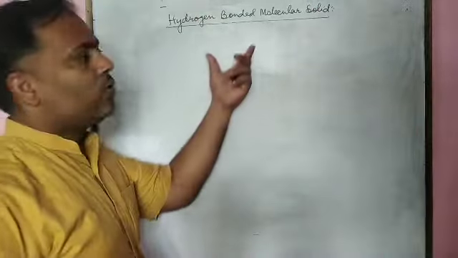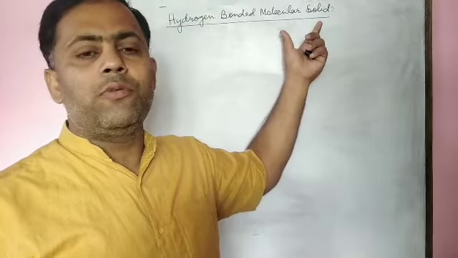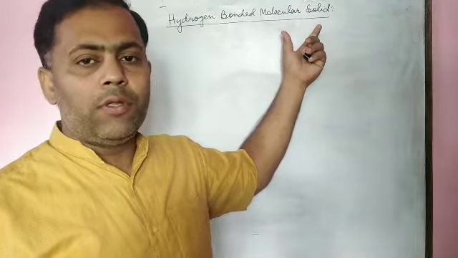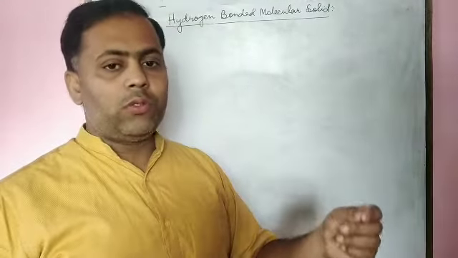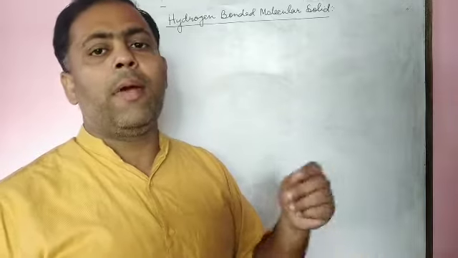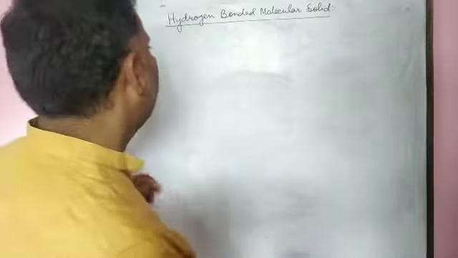In case of hydrogen bonded molecular solid, these solids are constituted of those molecules in which hydrogen is joined with nitrogen, oxygen and fluorine by means of polar covalent bond.